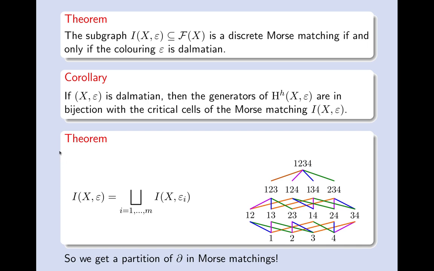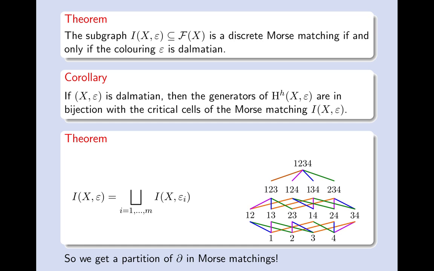Okay, so one might wonder, how do these subgraphs change when we change the coloring? Is there any relation among them? Or alternatively, how does the horizontal chain complex change when we change the coloring?